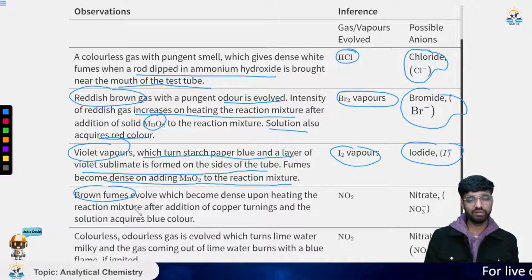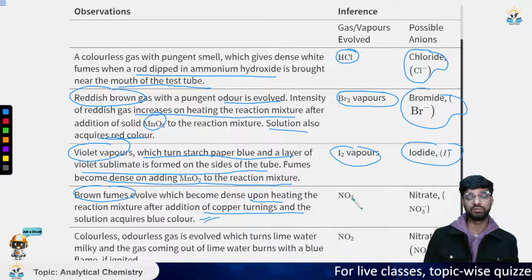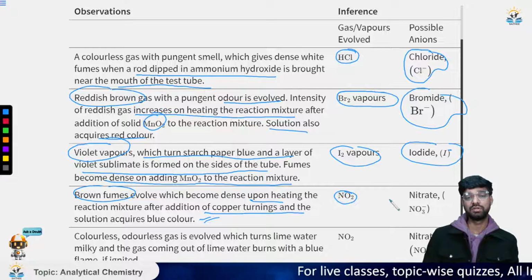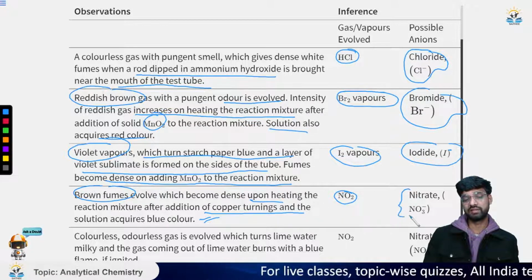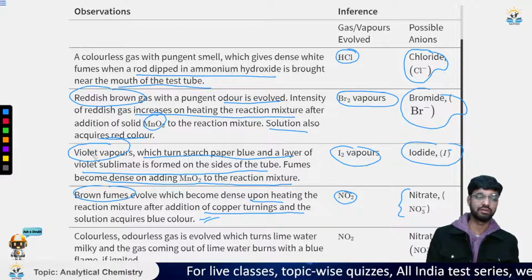Now, if brown fumes are evolved upon heating the reaction mixture after addition of copper turnings, and the solution acquires a blue color, then it is NO2 and nitrate ion is present in the salt.